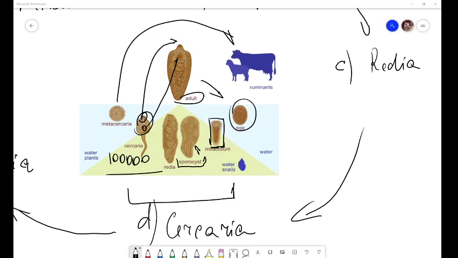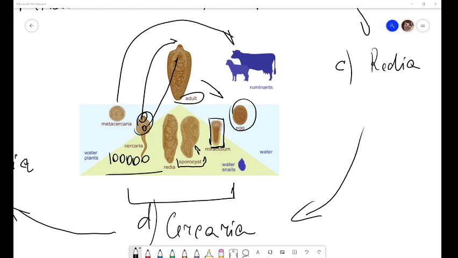How to control and how to prevent this disease. First, snail control in the water and elimination of water vegetation, mass treatment of infected animals, safe water supplies, proper washing or cooking of water plants before consumption, and proper cooking of liver and other viscera.